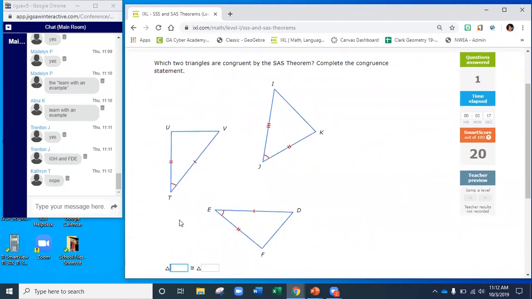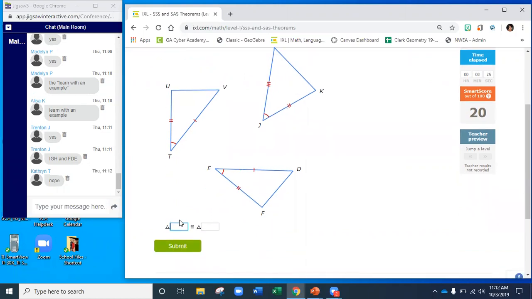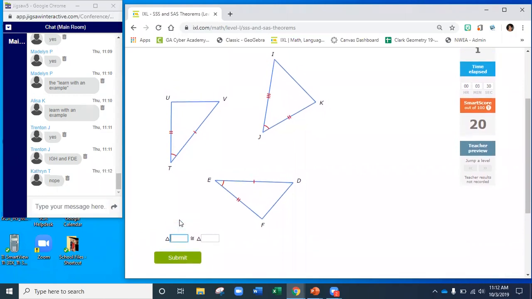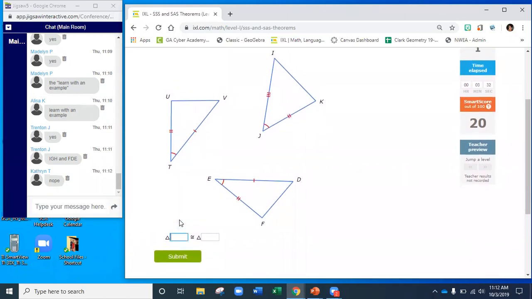All right, now this time we're doing side angle side. So it's giving us 2 sides and a congruent angle. All right. So in case everybody's not catching on as quickly as everyone else, see which 2 you think are congruent, but only give me a name of one of the triangles.